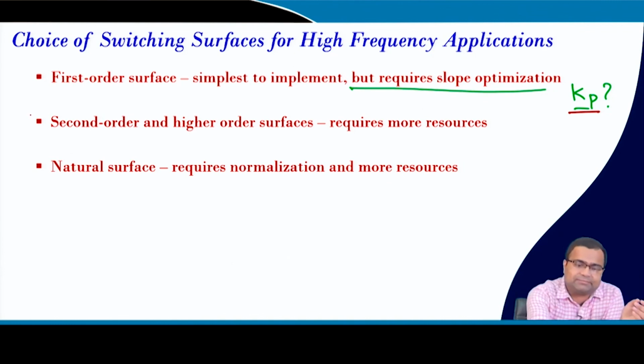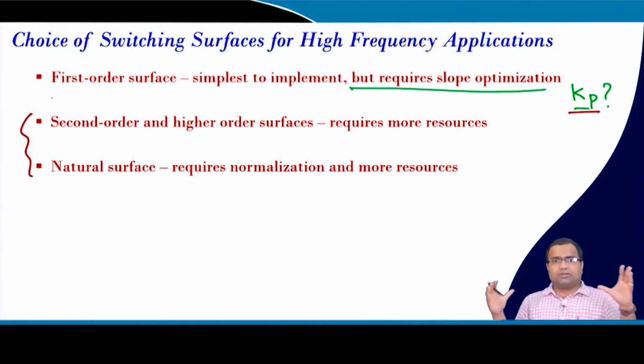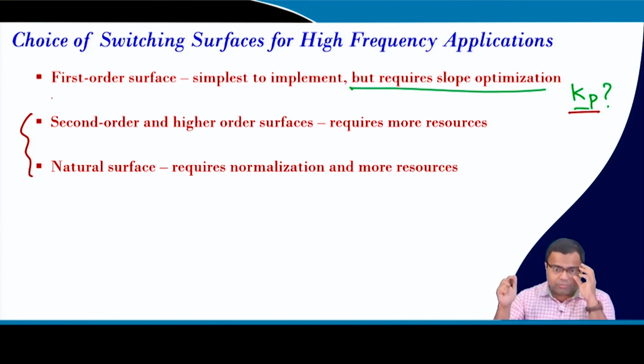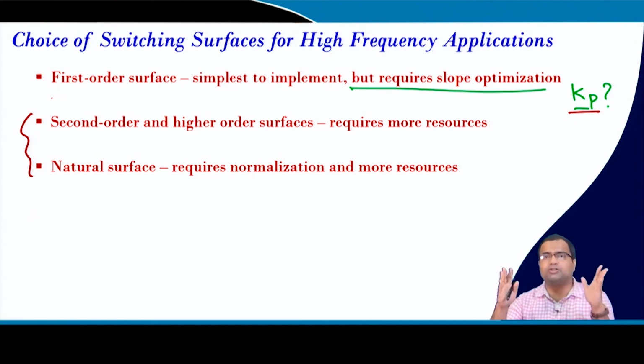So, these techniques may be useful when you are talking about a few hundreds of kilohertz switching converters, maybe for high power, but when you are going for megahertz switching frequency, or maybe 500 kilohertz or more, then you need to optimize, particularly when you are going for a power management IC where the resources play a significant role.